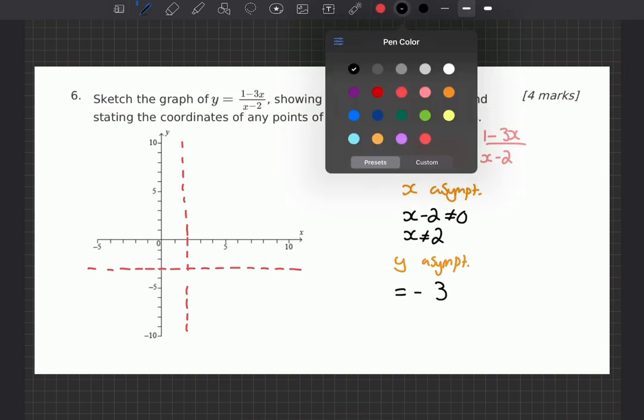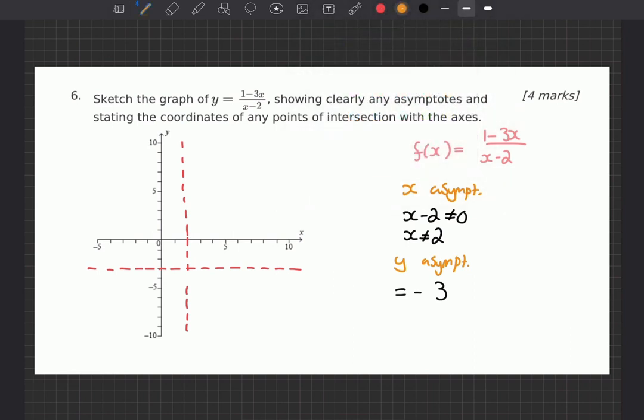Next, you have your intercepts. So your x-intercept is, again, when y equals 0. So 1 minus 3x over x minus 2 equals 0. 1 minus 3x equals 0, because you just multiply both sides. Minus 3x equals minus 1. X equals 1 over 3. So here you're going to have when y equals 0, x equals 1 over 3.